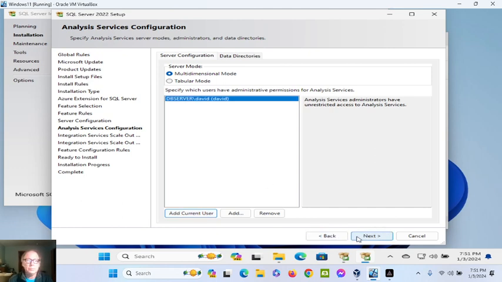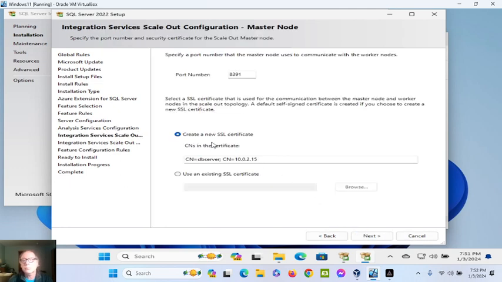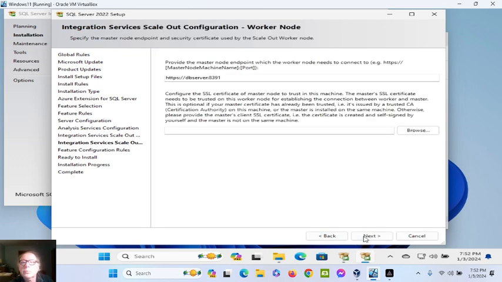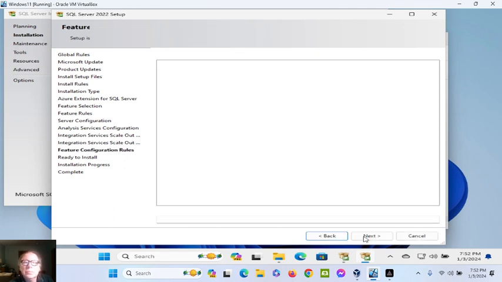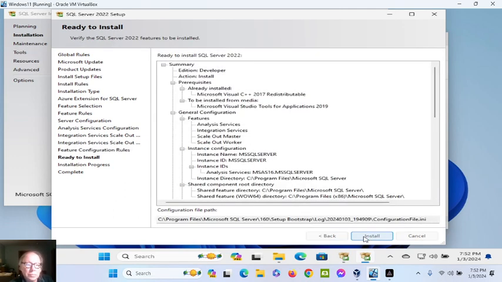Not sure what the difference is here. Provide the master node.